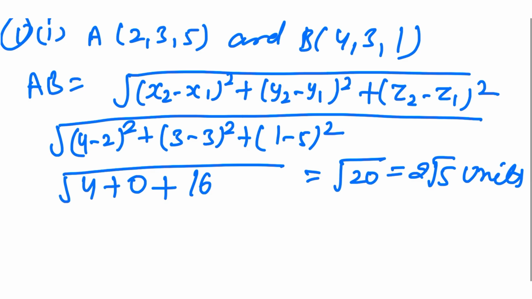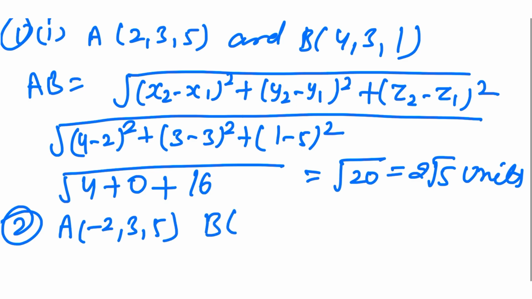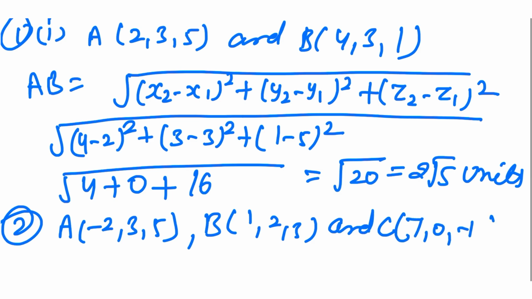Next question is, show that the points are collinear, and the points given are A is (minus 2, 3, 5), B is (1, 2, 3) and the C point is (7, 0, minus 1). We have to check whether these points are collinear.